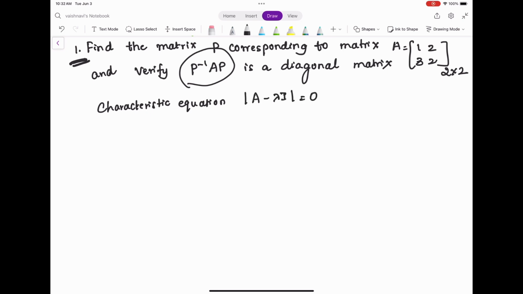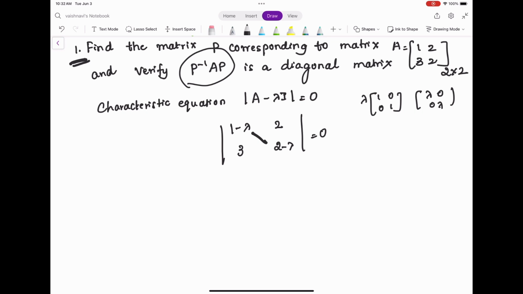In order to do that, we need the characteristic equation, that is, the determinant of A minus lambda I is equal to 0, where lambda into I is lambda times the identity matrix. These are all things we know, so I'm just skipping this part and directly writing it. So it is the determinant of 1 minus lambda, 2, 3, 2 minus lambda, equal to 0.